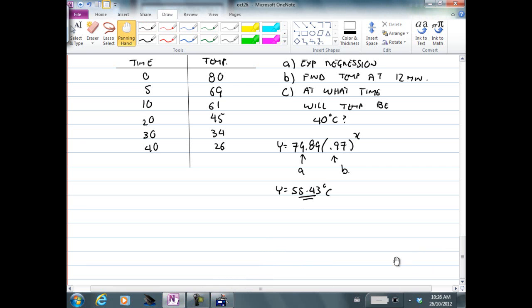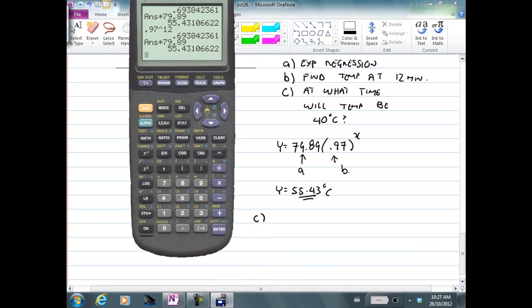Now C is a bit more interesting because you're working backwards. To work with C, hit y equals right now. And what you're going to do is put this equation into your graph right now for y1.